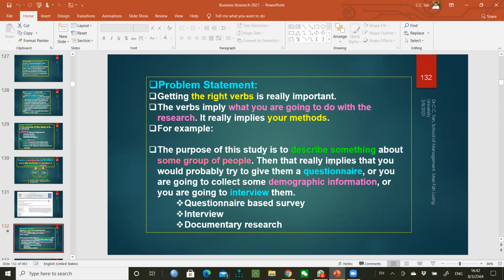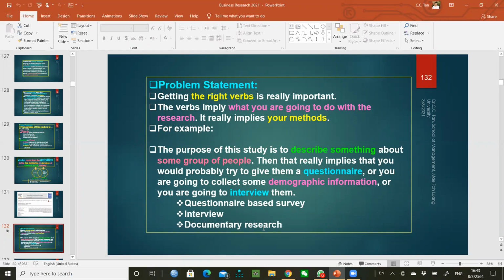If the purpose of this study is to describe something about some group, then it implies that you would probably give them a questionnaire and ask them to fill it out, or maybe interviews can also do that, depending on what you're going to do, so that you can describe the nature of, is there any difference between the different genders, or maybe males are more favorable to this type of product compared to females, and things like that. So you are describing things.